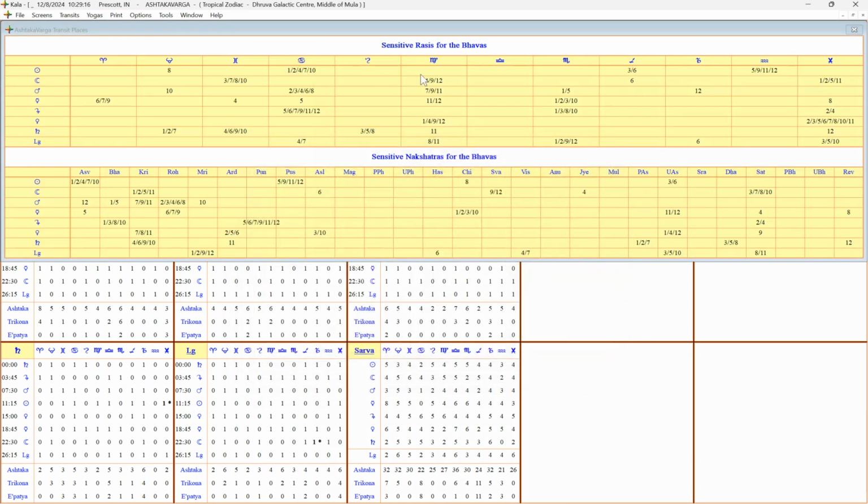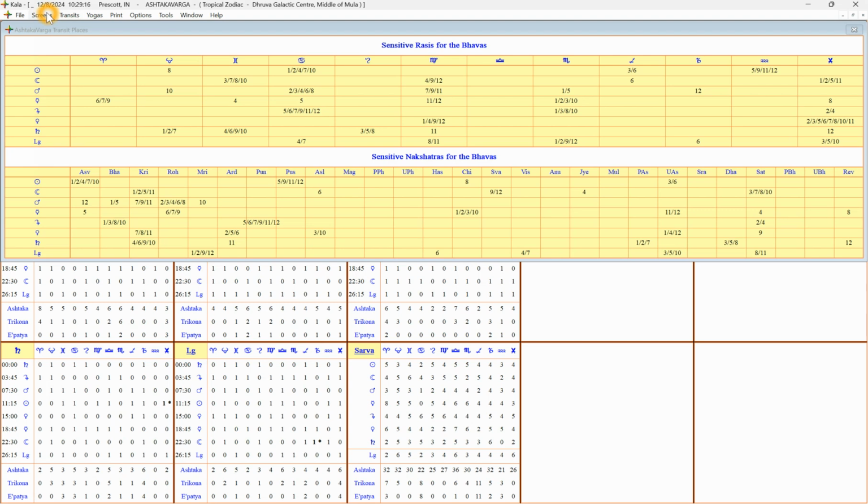And lets us know sensitive rashis based on the bhavas. So here we can see from the sun, the 10th house from the sun is the father. So when Saturn transits through Cancer for this person, that can cause trouble to their father. That's the idea of that technique.